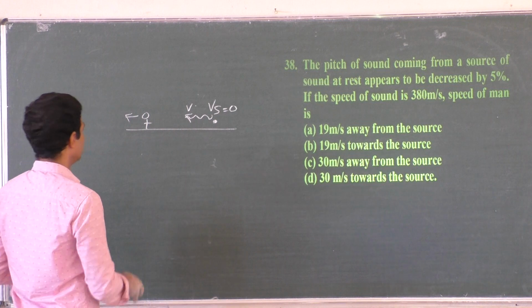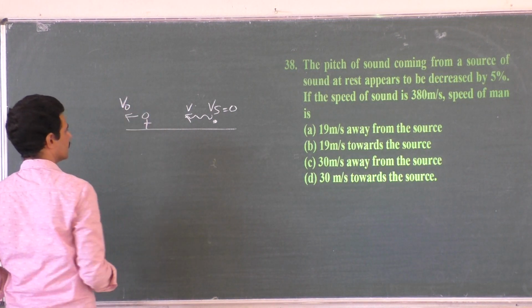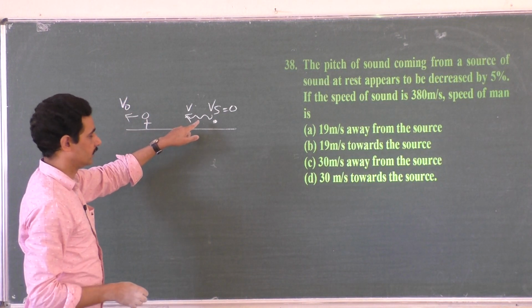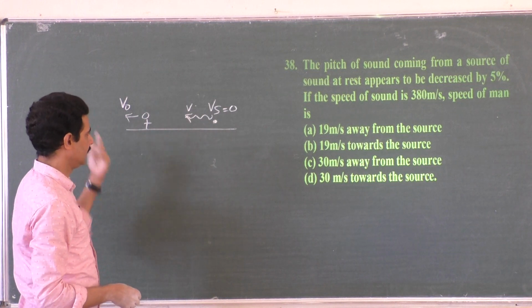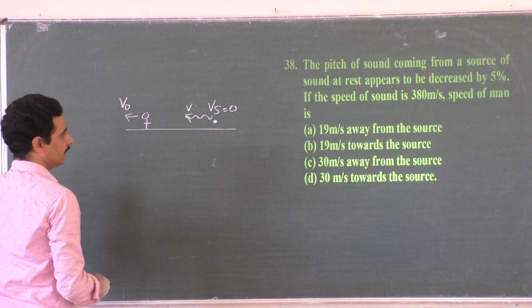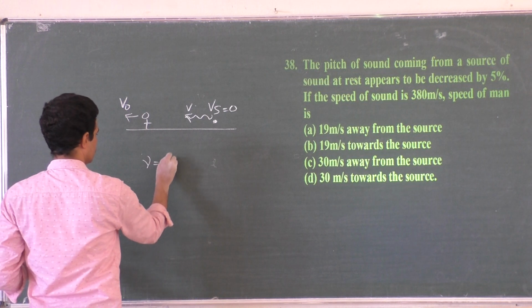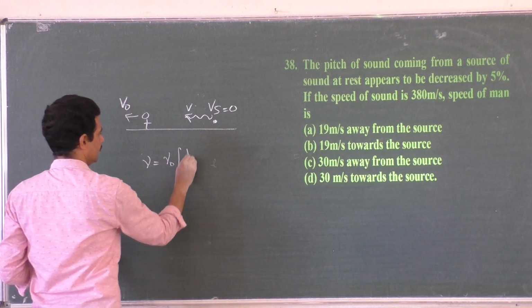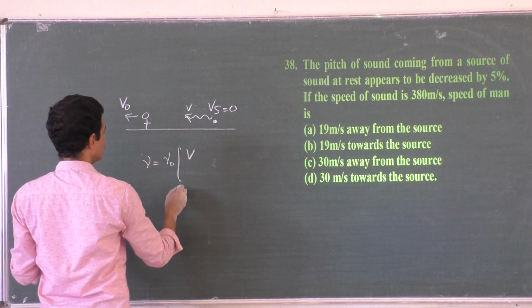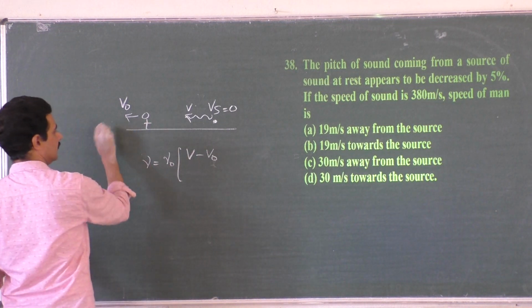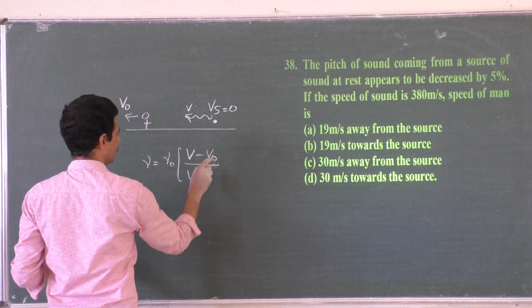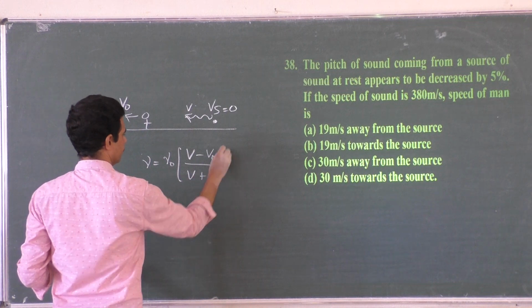The listener is moving away with the velocity of V naught, in the direction of sound, negative x-axis, minus. Vs is 0. So nu is equal to nu naught into (V plus V naught, minus V naught) divided by (V plus Vs), with Vs as 0.